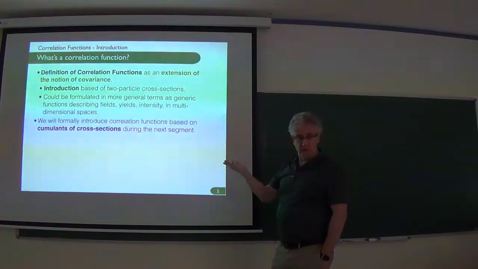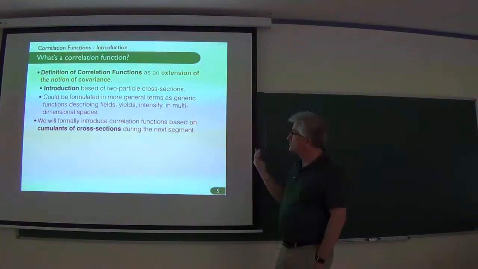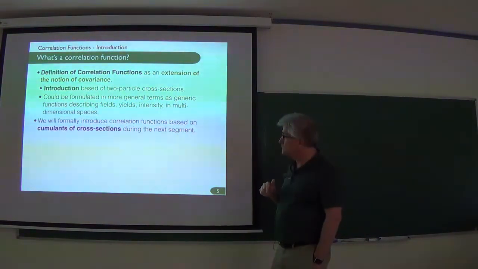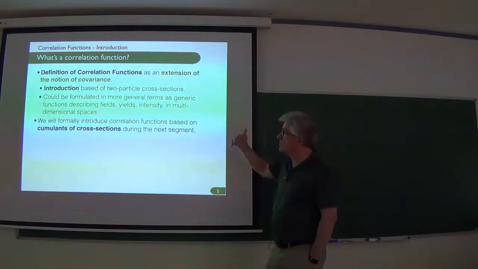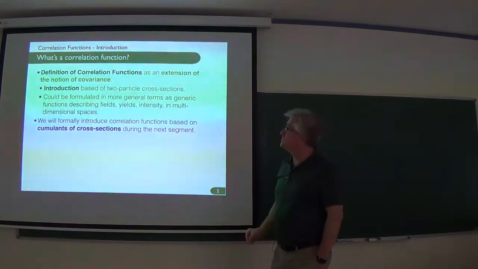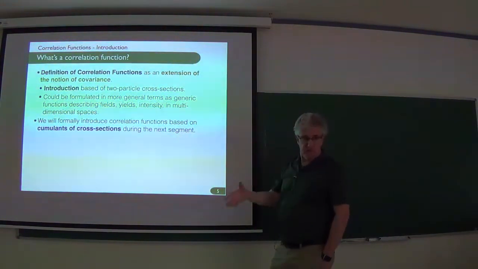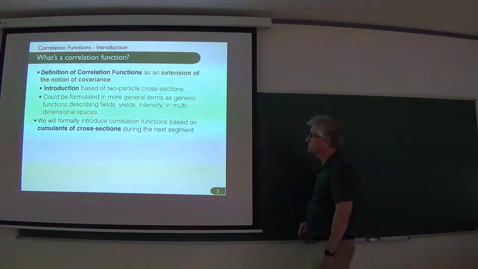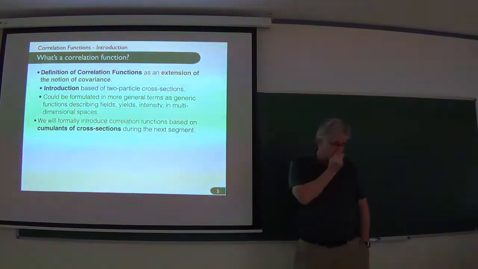It can be formulated in a more general way based on cumulants and moment generating functions. And the concept of course of correlation function is not limited to particle physics or nuclear physics. It's a concept that you can use in many other fields, but I will restrict my discussion to nuclear and particle physics.